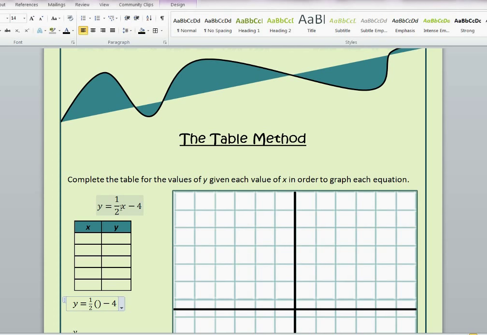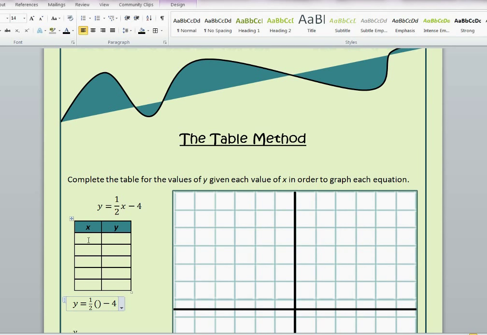Let's put in numbers for x that don't give us a fraction or a decimal. If you're multiplying by 1/2, that's the same thing as dividing by 2. Since 1 is in the numerator, it's the same thing as taking that number and dividing it by 2. What's half of anything? You just take half of that number.